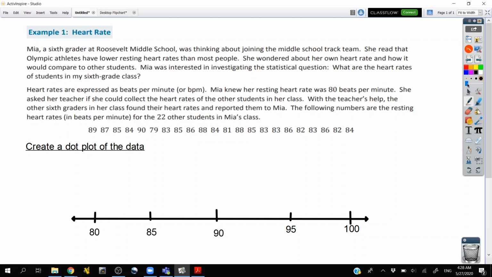So let's look at a dot plot of this data. We've got 89, which is going to be right there below 90. 87, maybe I have dots that are too big. Okay, 89. So 85, 86, 87 would be here, with 88 and then 89.